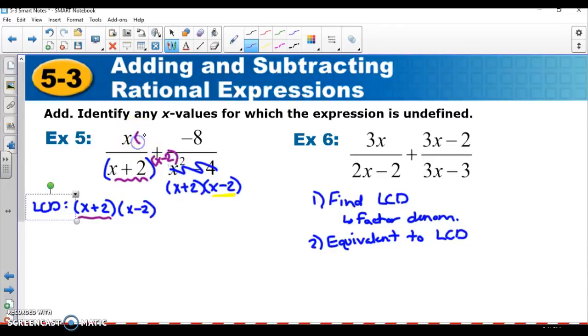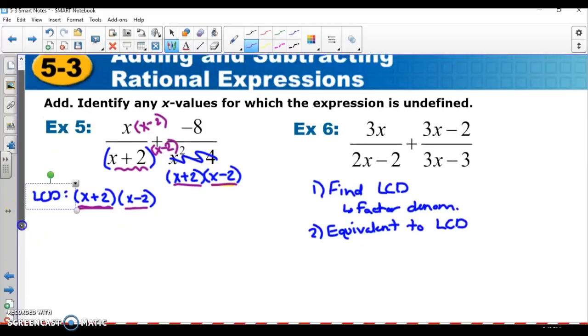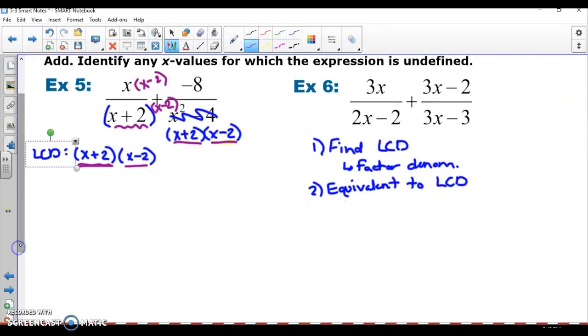Whatever we multiply the denominator by, we also have to multiply the numerator by as well. So our first fraction is going to get multiplied by x minus 2. When we look at the second fraction here, we have this x minus 2, x plus 2, same as in our LCD. It's already equivalent, so we don't have to do anything to our second fraction.